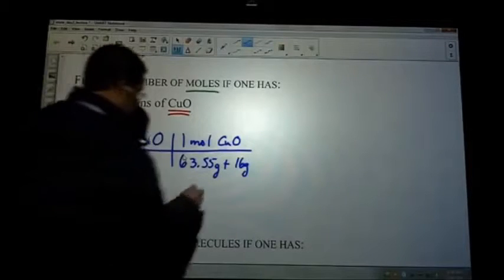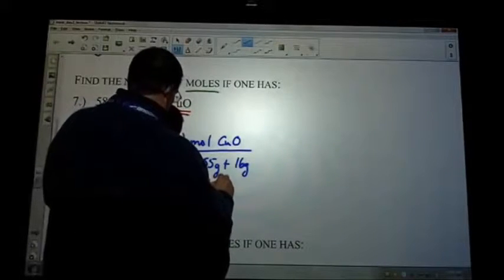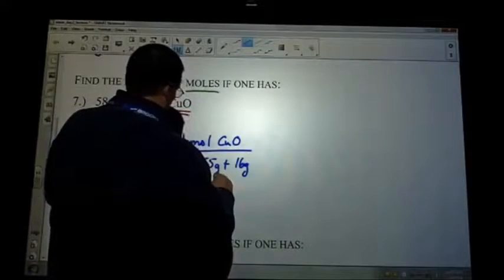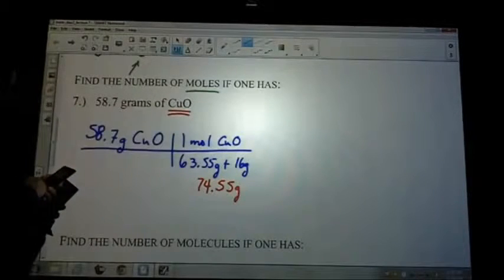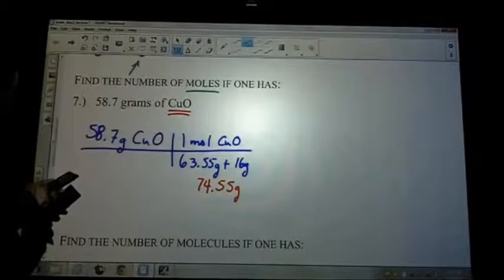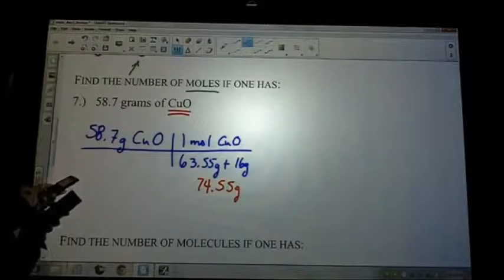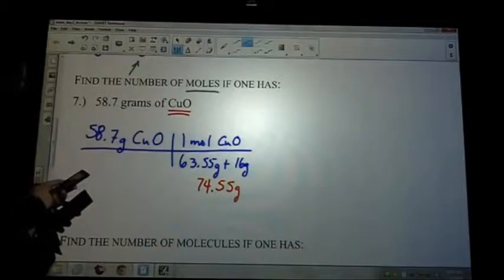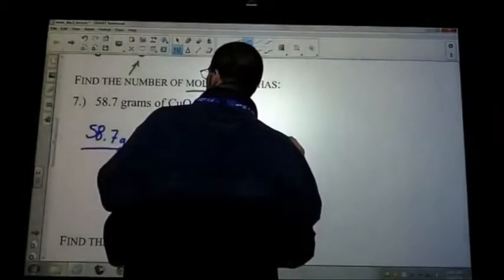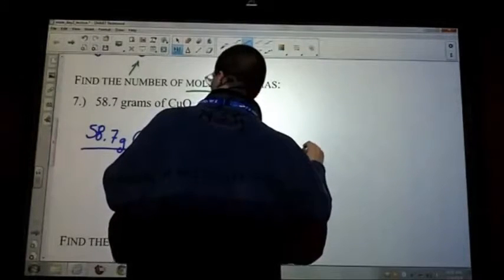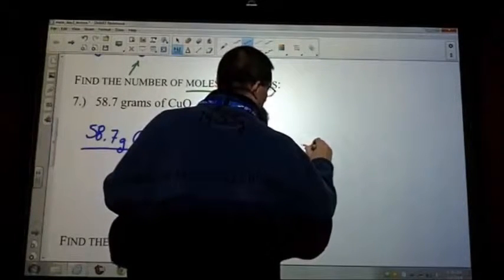So my molar mass, and again, you don't have to do this. I just do it to make sure everybody's on the same page. So 58.7 divided by answer. So 0.737, 738.